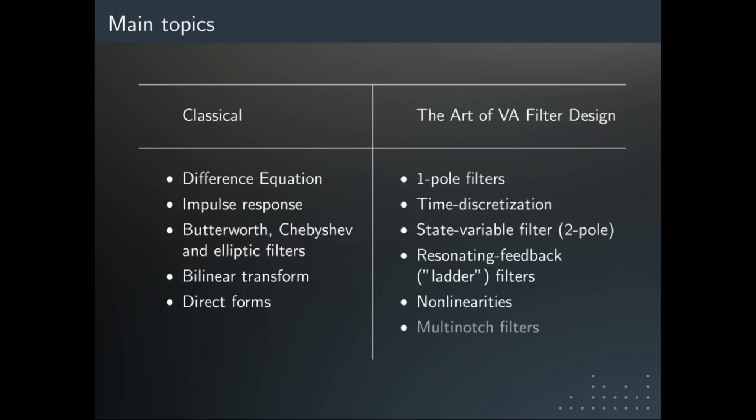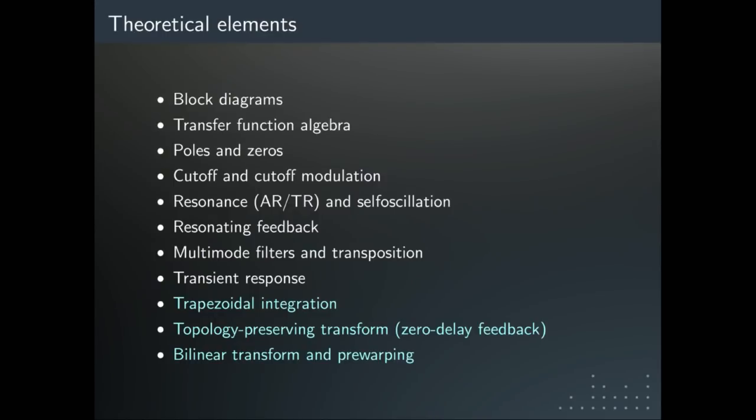Besides just studying filter types, of course, there are also theoretical concepts, similar to the ones you see on the left side of the slide, but a different set of theoretical concepts, which might be more appropriate for analog filter design theory. And here I would like to go into a bit more detail on the second bullet point, the transfer function algebra.